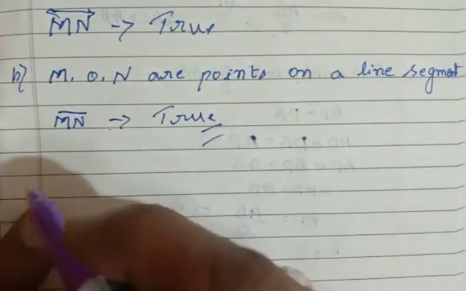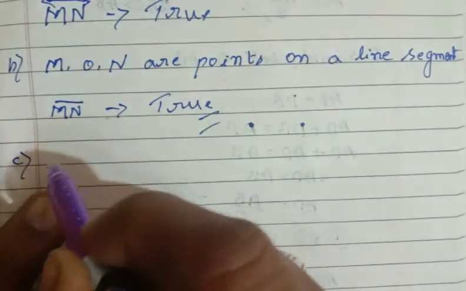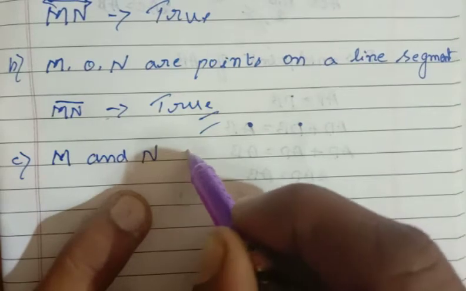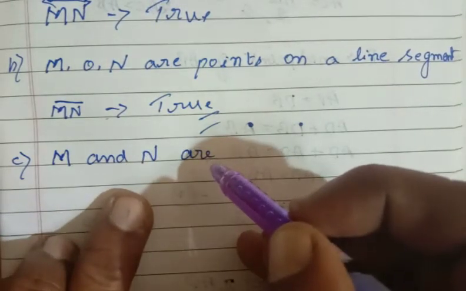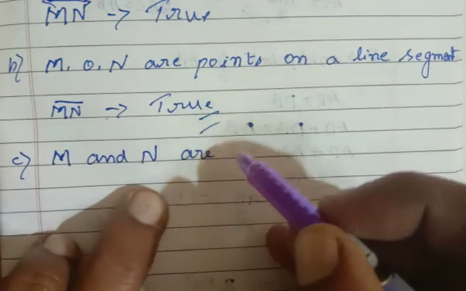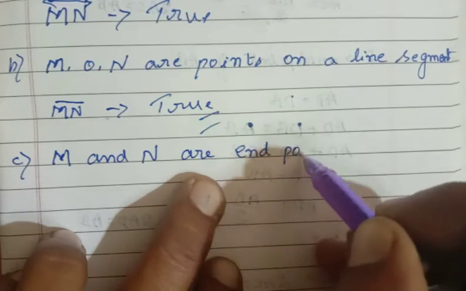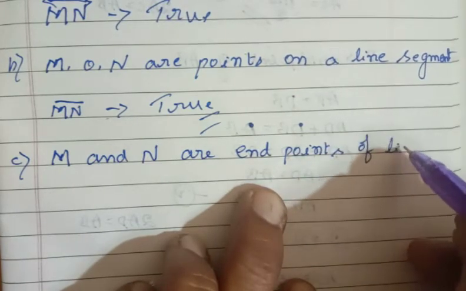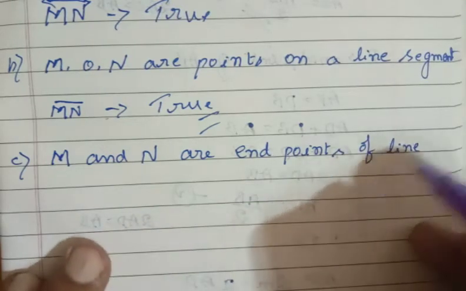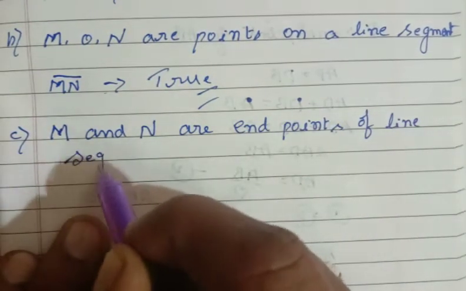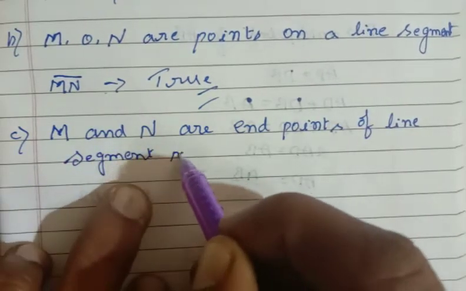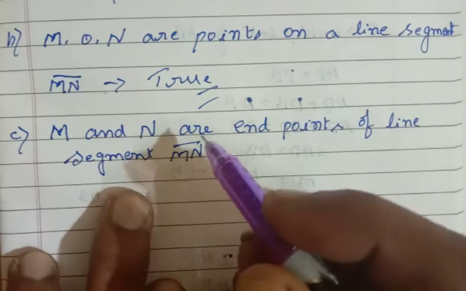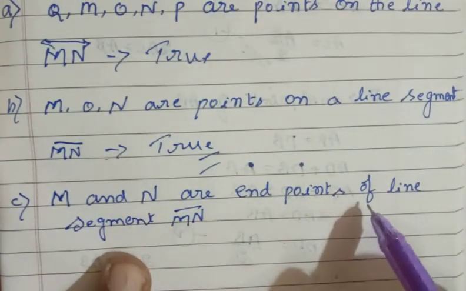Now take C: M and N are endpoints of line segment MN.